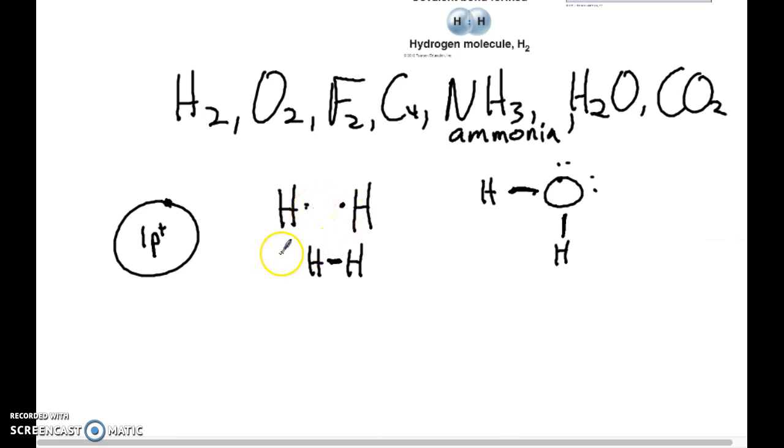So this one's going to pull on the electrons just as much as that one pulls on the electrons, and so they are going to share equally. All right, and so this is called a nonpolar covalent bond. Okay, a nonpolar covalent. Sorry, my R didn't get on there.